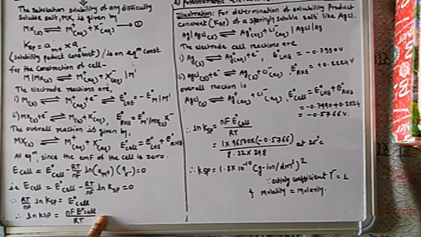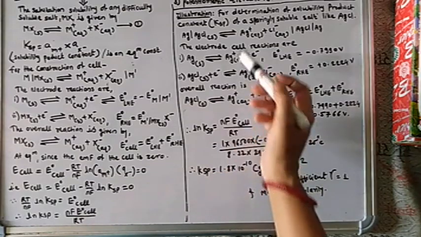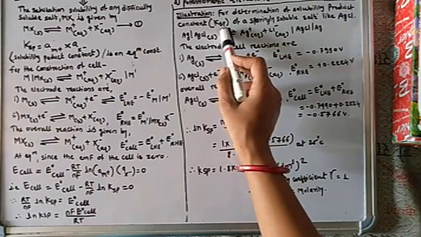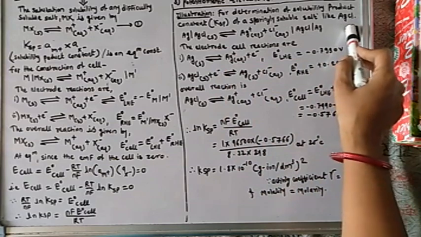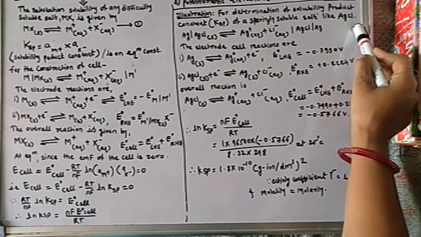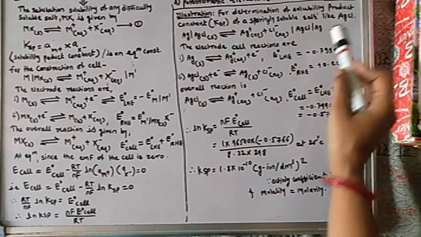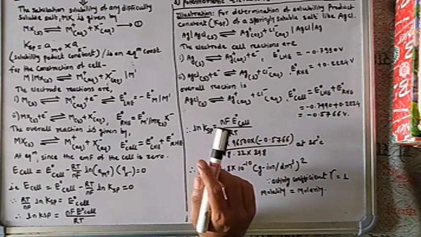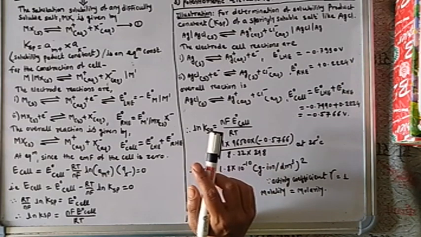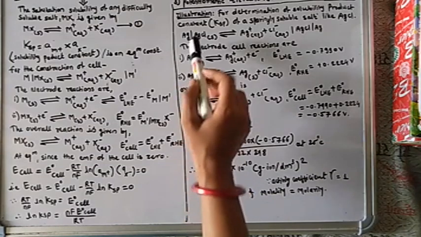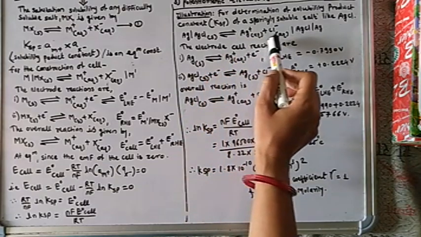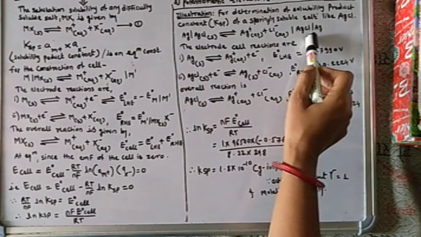We see an illustration for a sparingly soluble salt. For the determination of the solubility product constant Ksp of a sparingly soluble salt, for example AgCl, the cell is set up as Ag, AgCl solid, Ag+, Cl-, AgCl, Ag.